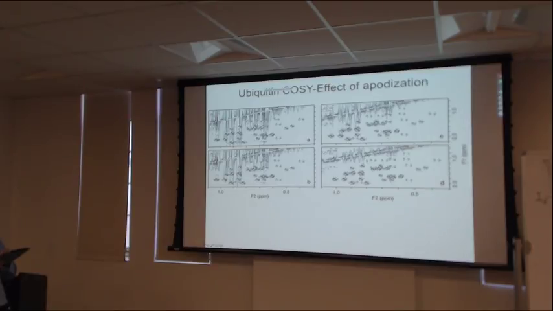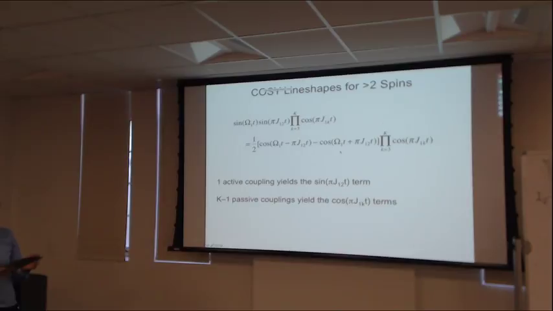There's no free lunch. There are other effects in the spectrum, so one is always playing the game of trying to optimize your ability to detect the spectrum versus whatever bad effects are coming from the window function.